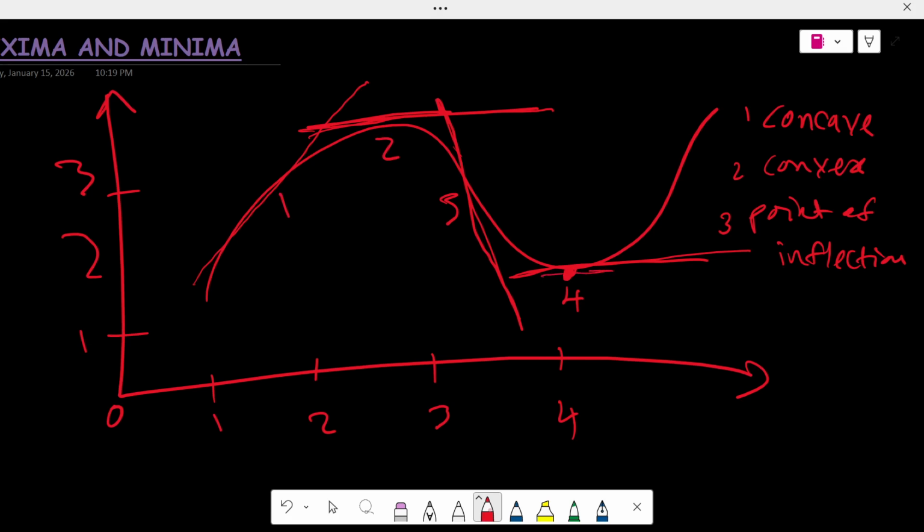So the function at this point is concave downwards, right? It's concave downwards. Why is it concave downwards? It's concave downwards because we have 2 points, this point and this point, both lying above the tangent.